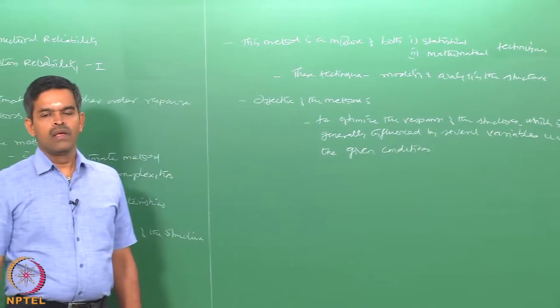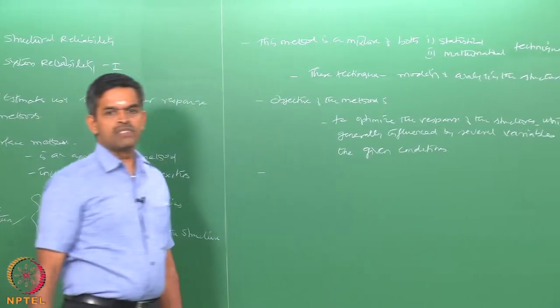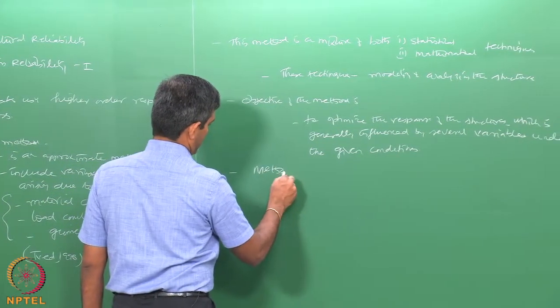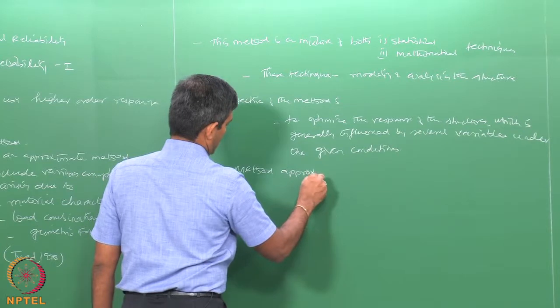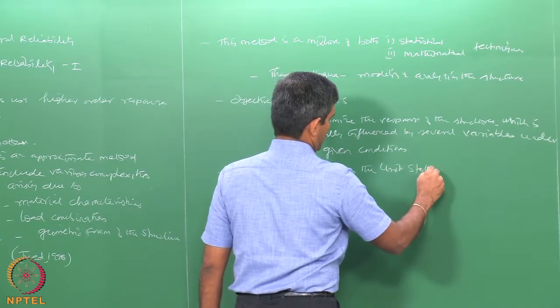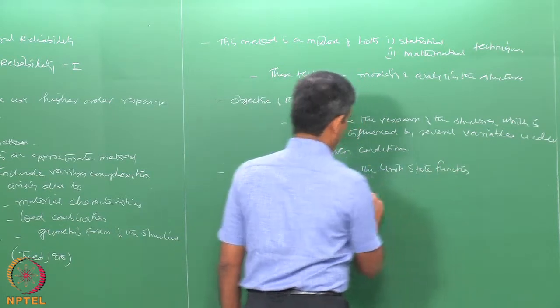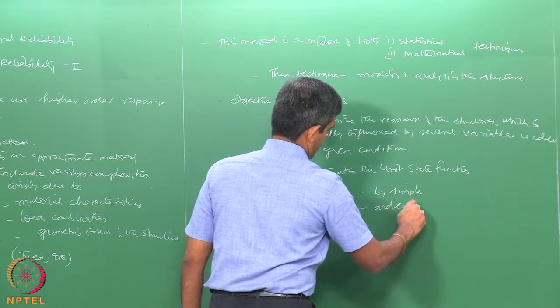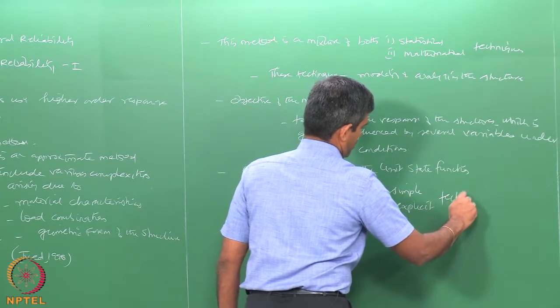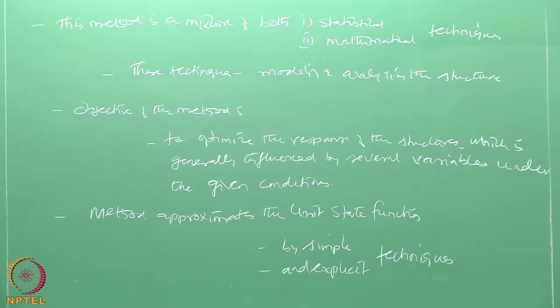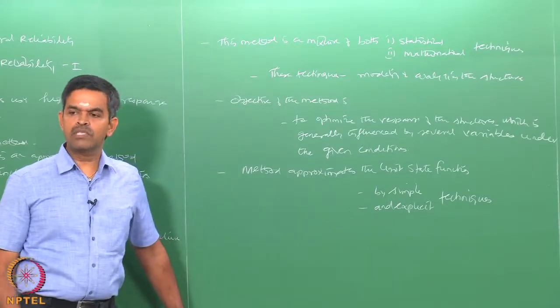Actually, the method approximates the limit state function by simple and explicit techniques. Therefore, it reduces or avoids the true input output relationship during simulations.